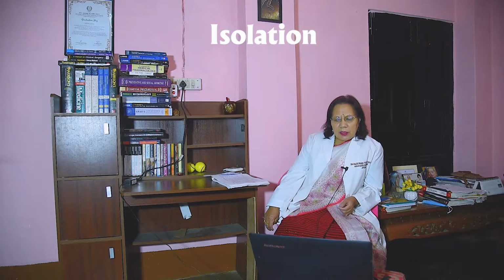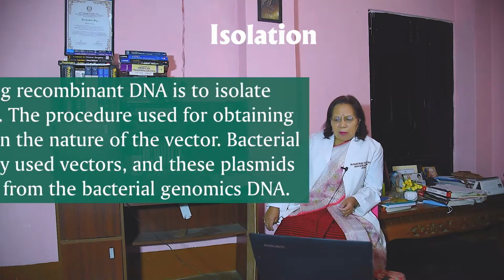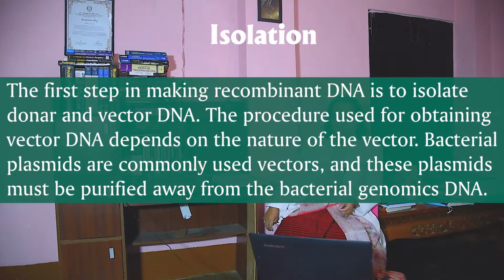Now, how do we isolate? The first step in making recombinant DNA is to isolate the donor and vector DNA. The procedure used for obtaining vector DNA depends on the nature of the vector. Bacterial plasmids are commonly used vectors, and these plasmids must be purified away from the bacterial genomic DNA.